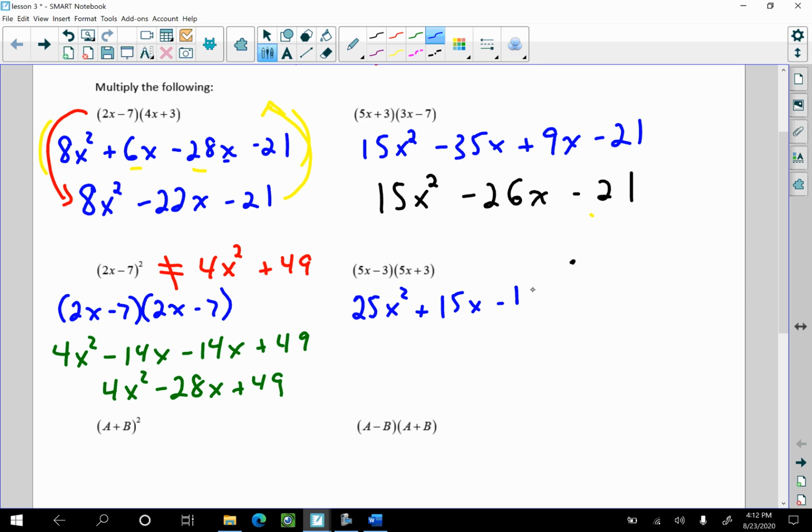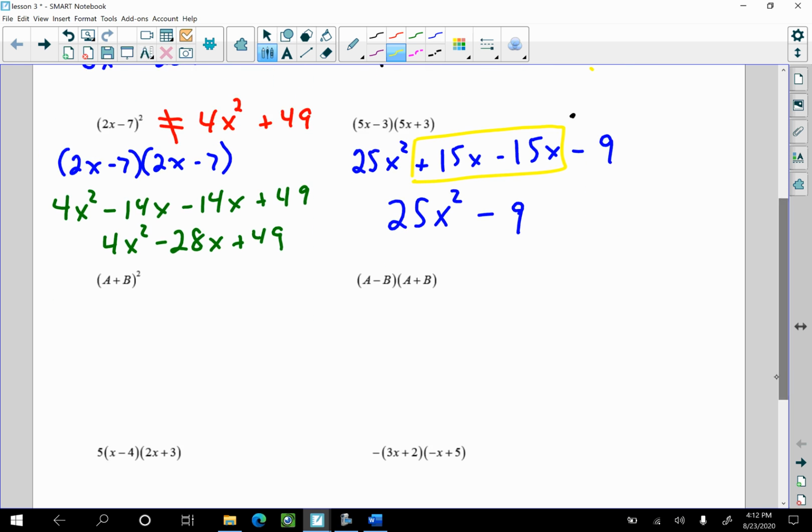Inside terms, negative 15x. Last terms, negative 3 squared, 9. If I simplify this, what do I get? I get 25x squared minus 9. These two terms, we know, add to 0.